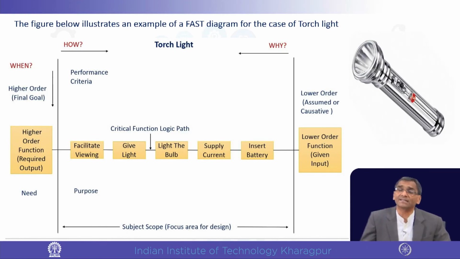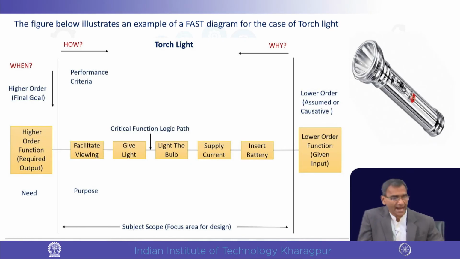Why give light? Facilitated viewing. So, you see how on the y axis, higher order and lower order, it is matching. And here on the two extremes that I was talking about is the scope, the subject scope or focus area for design, that is the limit or scope within which this is acting.